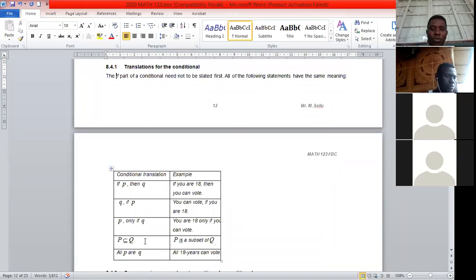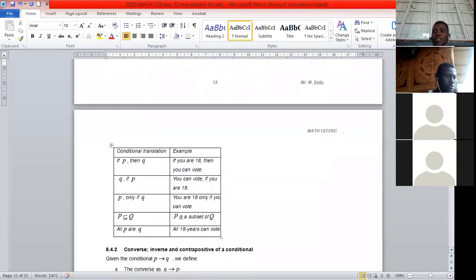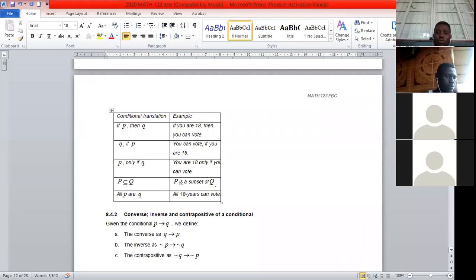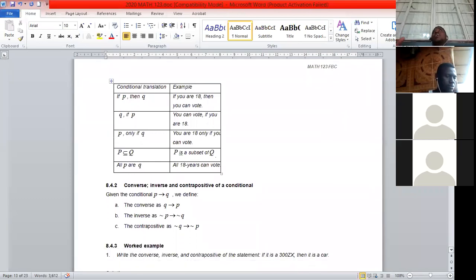Q. So in other words, P is a subset of Q. So if P occurs, then definitely Q will occur, because P is a subset of Q. And all P are Q. So in other words, all 18-year-olds can vote. So P also is a subset of Q. As you can see, those who vote could be Q, but if you are 18, then all 18 can vote.